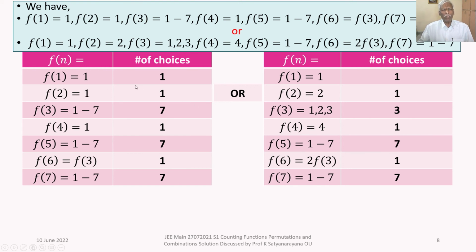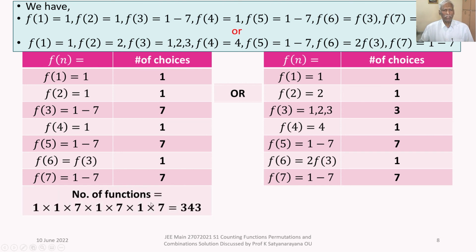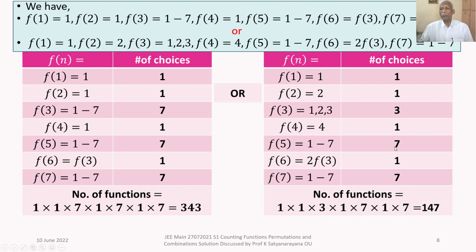Now, the number of functions by the product rule of counting is 1 into 1 into 7 into 1 into 7 into 1 into 7. So it is 7 into 7 into 7, that is 343. In the second branch, the number of functions by the product rule is 1 into 1 into 3 into 1 into 7 into 1 into 7, that is 3 into 7 into 7, 3 into 49, that is 147.